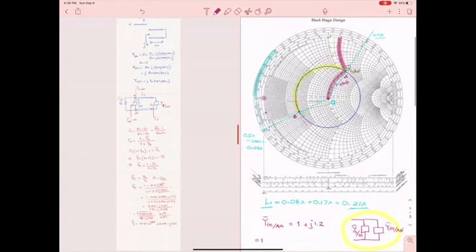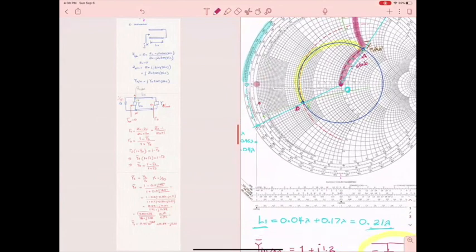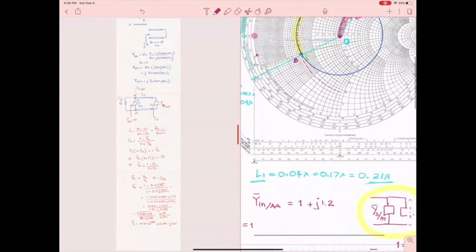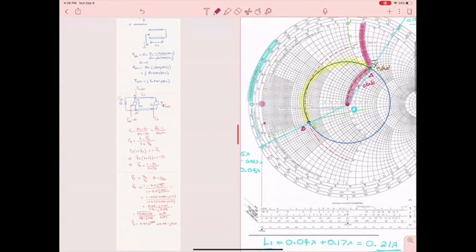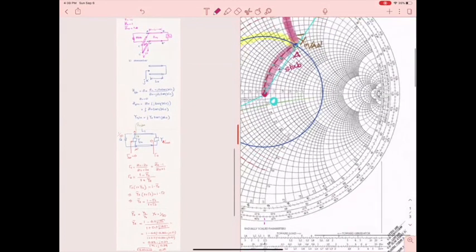Okay, so when we go to find the negative 0.12, which is the input of the stub at this point, when I have to find the length of the stub, that means that I move away from the input of the stub towards its short circuit. When the stub is short circuited, what is the load at the end? In terms of an impedance it is 0. In terms of an admittance, what is it? Infinite. Which means the infinite of an admittance is here.